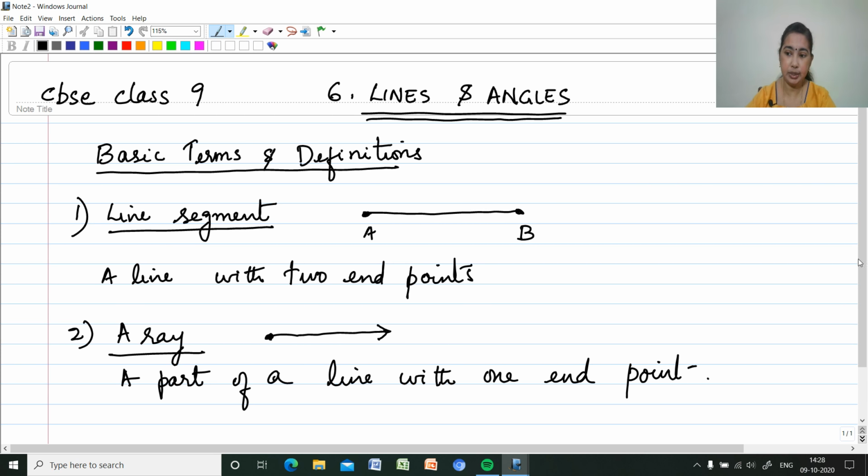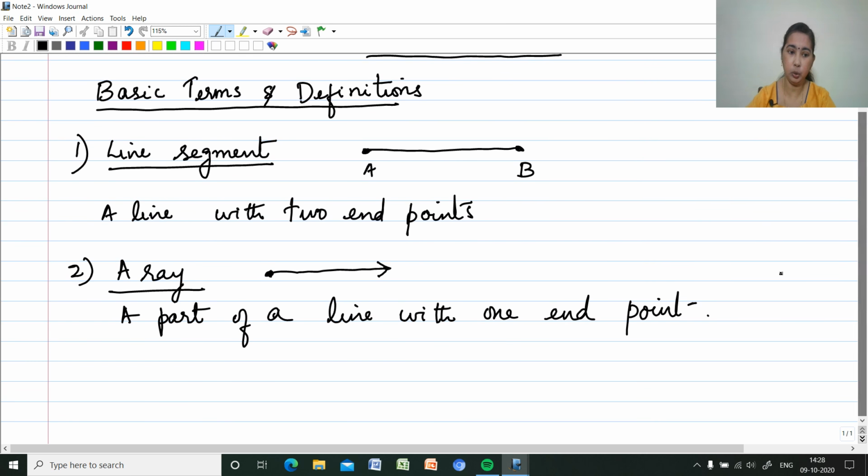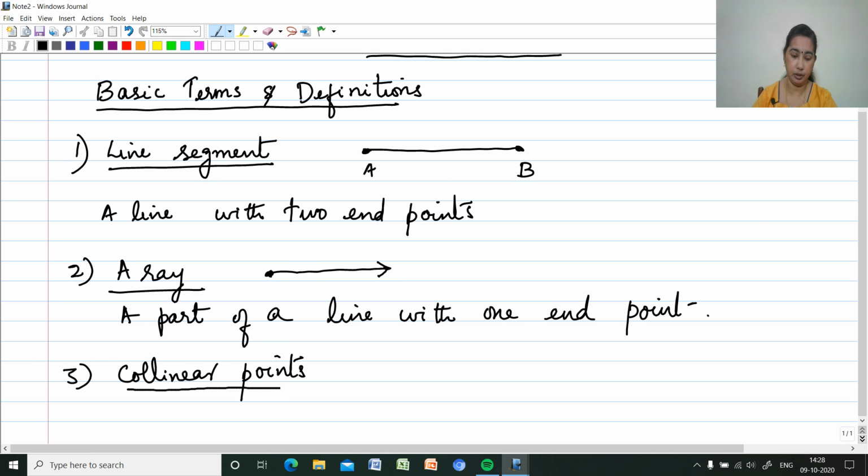The next is what are collinear points. If three or more points lie on the same line, then they are called collinear points.